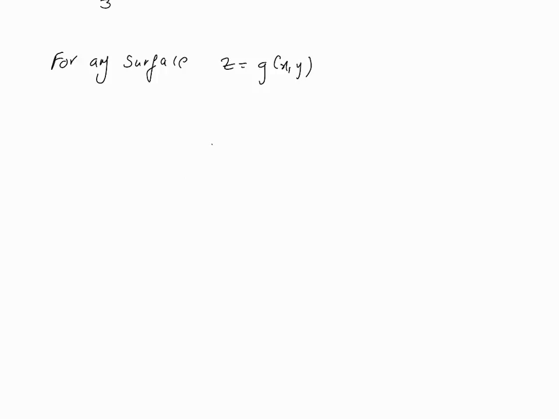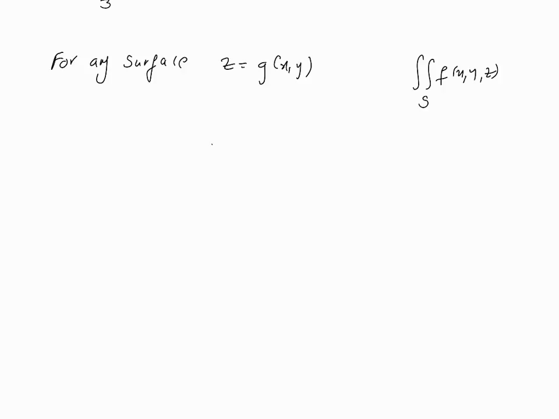Another interesting little formula I want to show you, it's a shortcut that can make calculations much easier, is if you have any surface z equals g of xy. So you have a surface z equals g of xy, and you're integrating any function, and you want to find the surface integral of f of x, y, z for instance, over this surface.